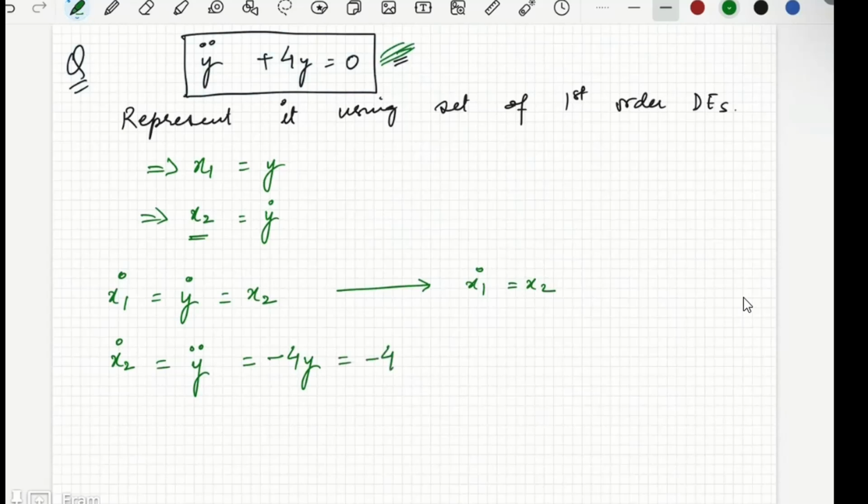And what is y? y is x1 in our case, so we can write x2 dot equals to minus 4x1. So is this transformation clear to everyone? And how we have found out x1 dot and x2 dot?